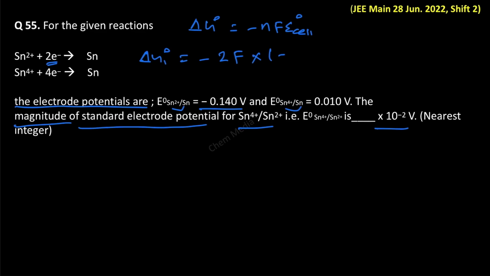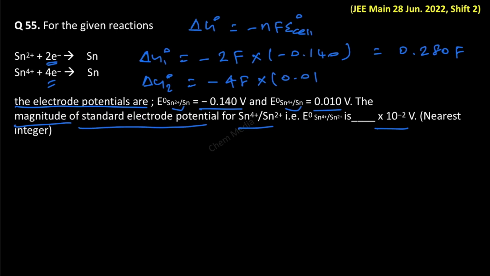So therefore minus 0.140, and that would be equal to 0.280 Faraday. And then delta G2 standard is equal to minus 4 Faraday, because 4 moles of electrons are involved, times E cell standard, that is 0.010. Therefore this is equal to minus 0.040 Faraday.